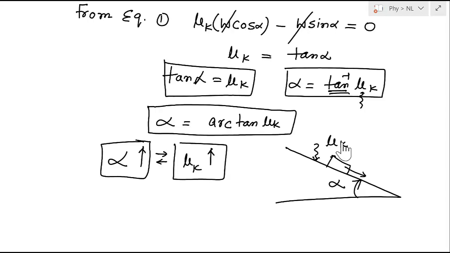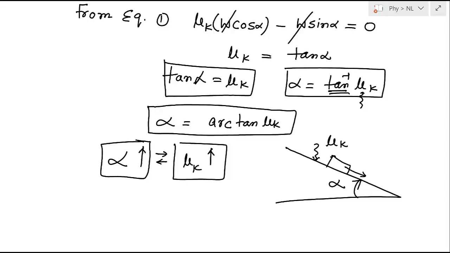So if you make a steeper inclined surface, you have to make the surface rougher also, so that you can have a constant velocity.